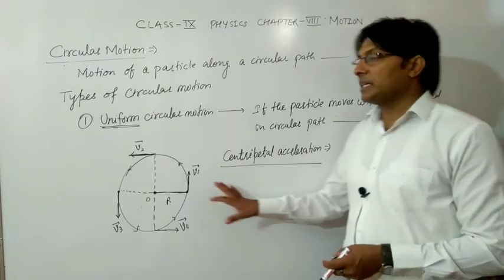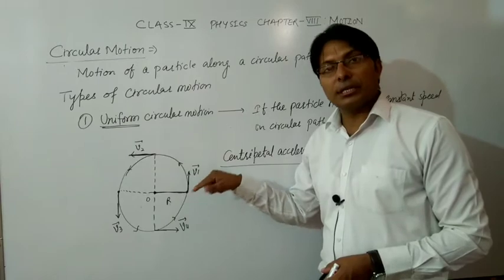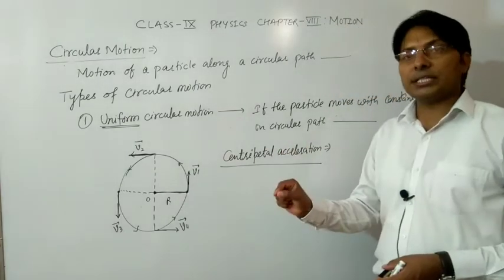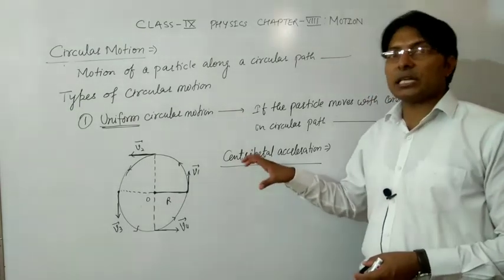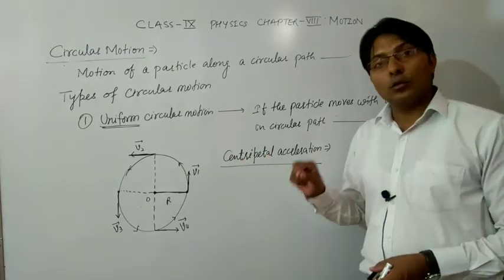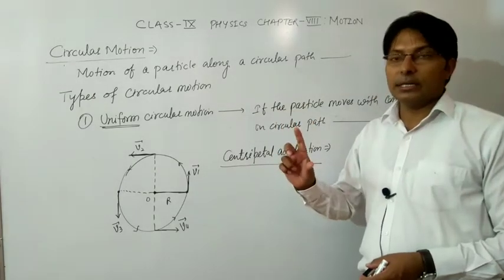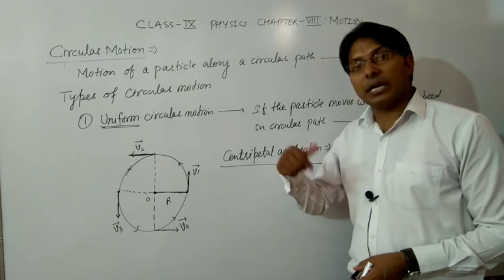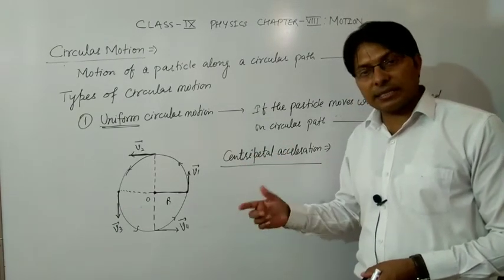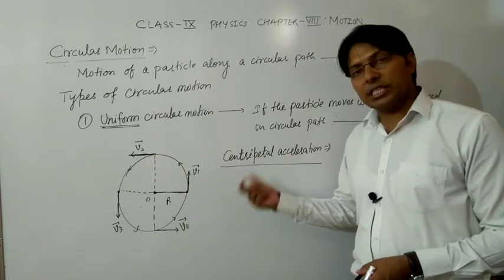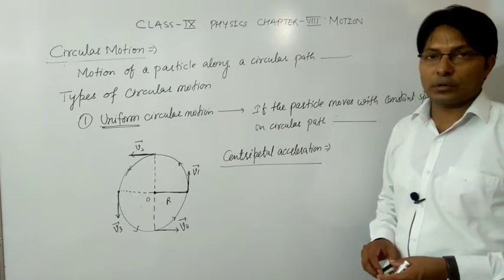Since the speed is constant but the direction keeps on changing, due to change in direction the velocity is changing, and this is the special type of acceleration which originates due to the change in direction only. Speed is constant but direction is changing, and the centripetal acceleration arises due to the change in direction, and it always acts towards the center of the circular path.